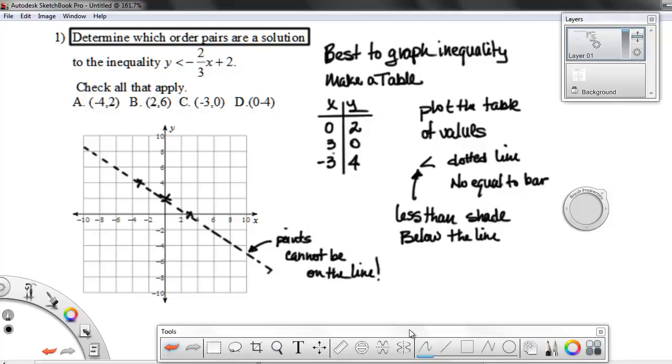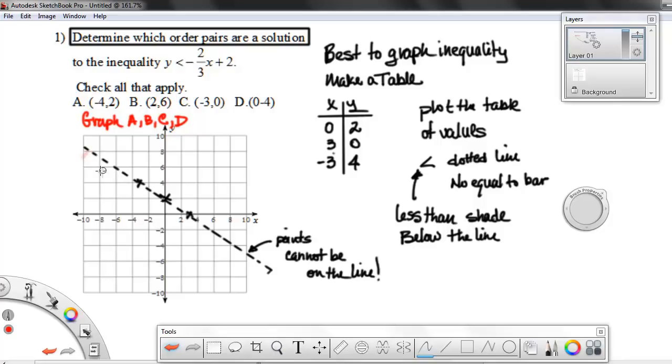All right, let's go ahead and graph letter A. We'll be graphing A, B, C, and D. Oh, let's go ahead and shade my area first. I haven't done that yet. Here we go. Let's do this first.